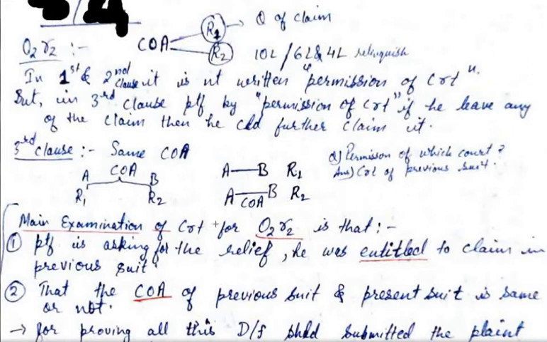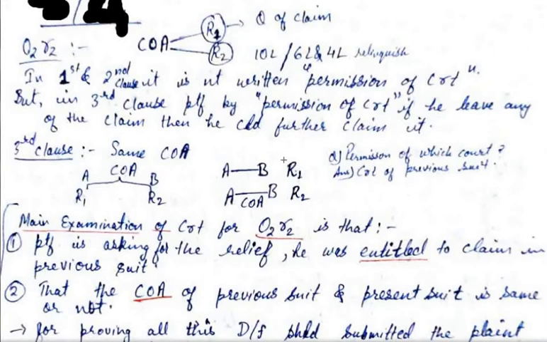Now the burden of proof of B is to prove number 1, that the cause of action of the present suit and the cause of action of the former suit are the same. And number 2, the relief that they are claiming here, this relief was such a relief which he was entitled to claim in the former suit. अब मान लो फॉर्मर सूट में वो उस रिलीफ को क्लेम करने के लिए एंटाइटल नहीं था, तो फिर रिलिंक्विशमेंट कैसे होगा?